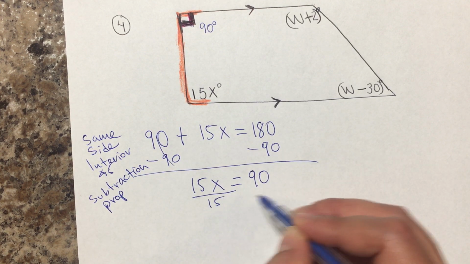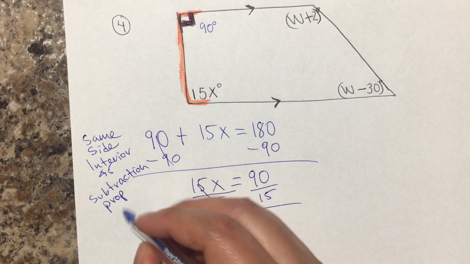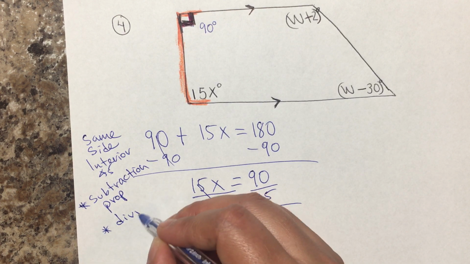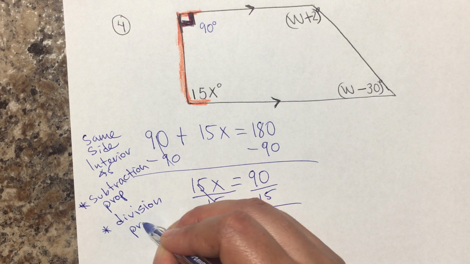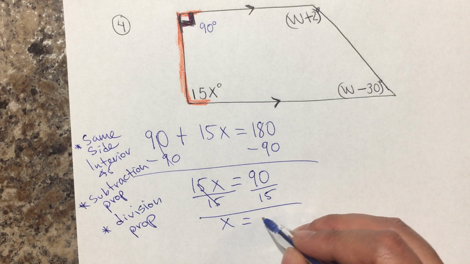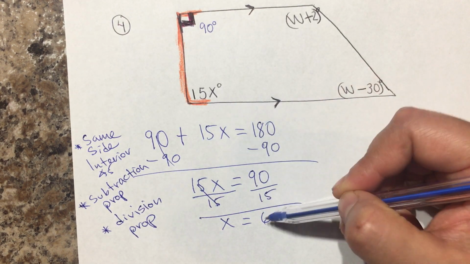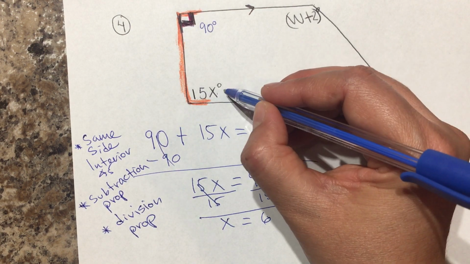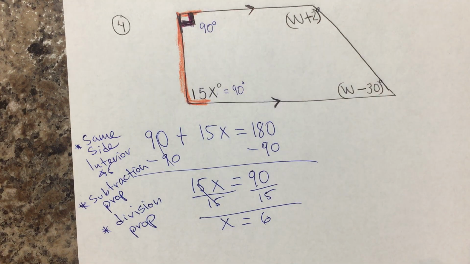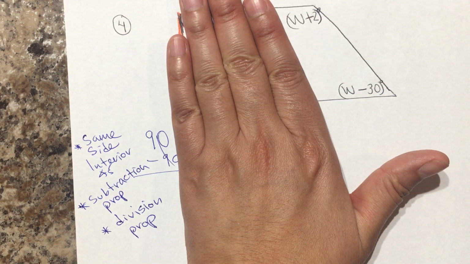Then we divide by 15 on both sides, and so x equals, this is the division property, 90 divided by 15, which is 6. So if we multiply 6 times 15, that gives us 90 degrees, and 90 and 90 is 180. Okay, for the other side, now let's do these other two angles.